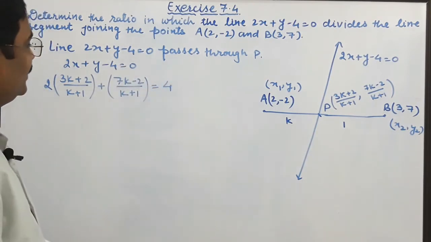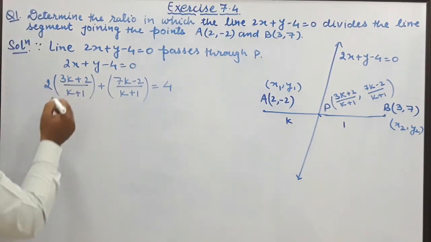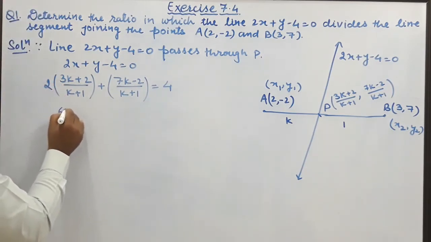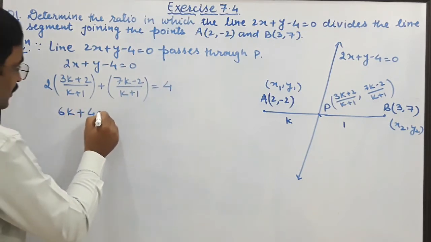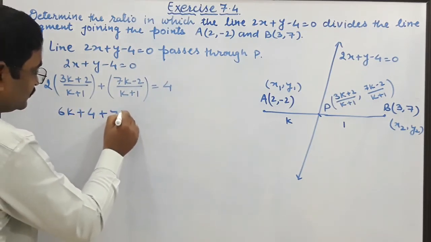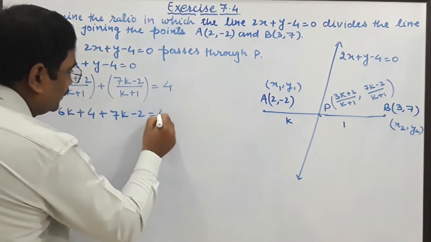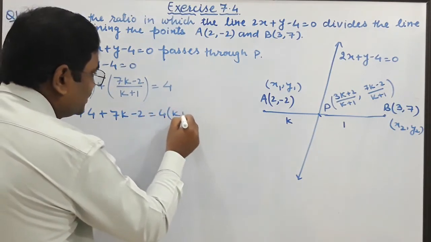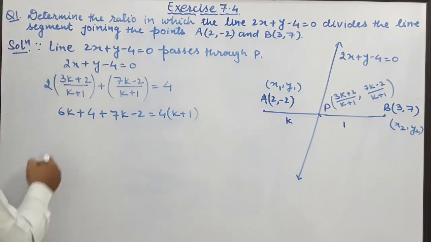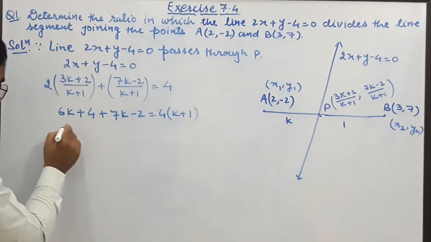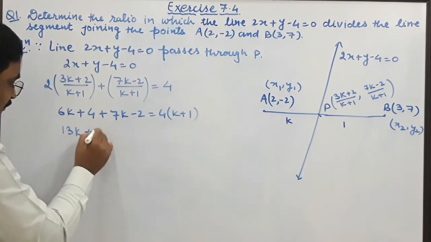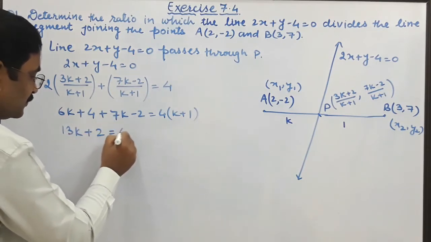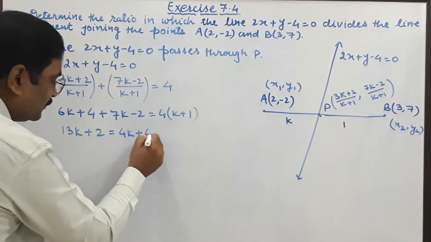So, let us solve it. You will get 2 3s are 6k plus 2 2s are 4 plus 7k minus 2 equals to 4 multiplied by k plus 1. Now, 6 plus 7 is 13k, 4 minus 2 is 2, equals to 4k plus 4.